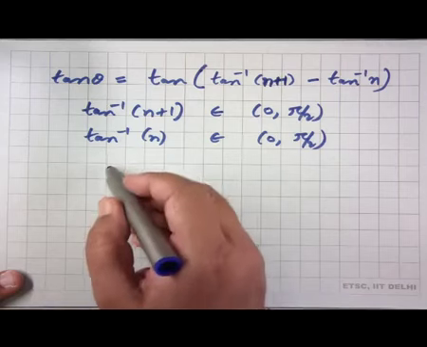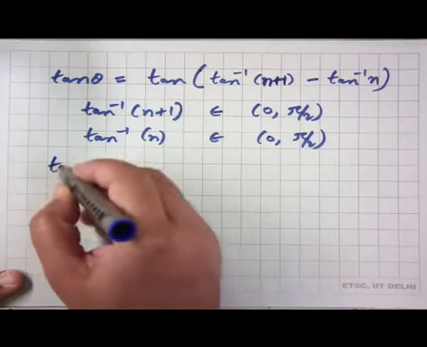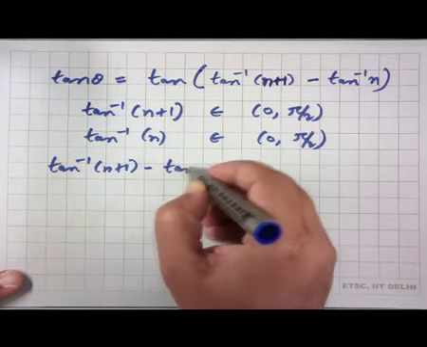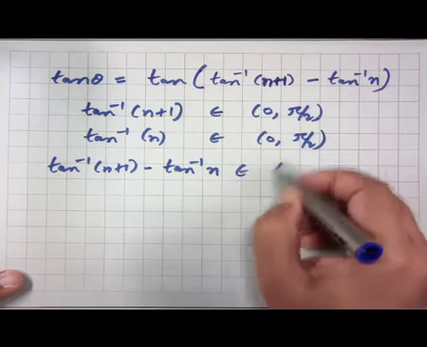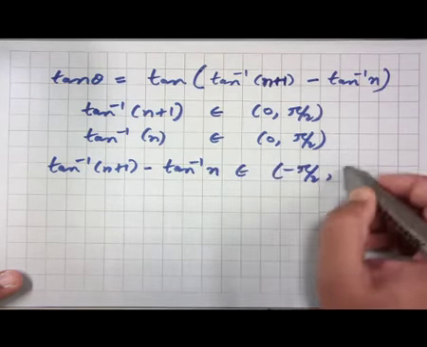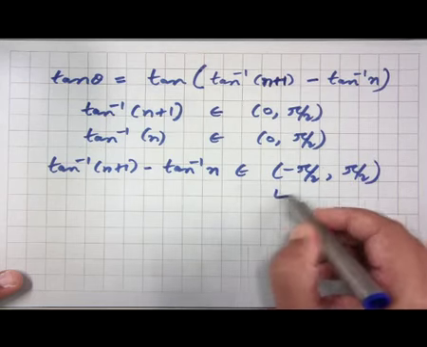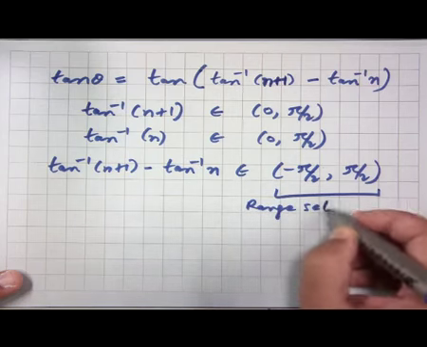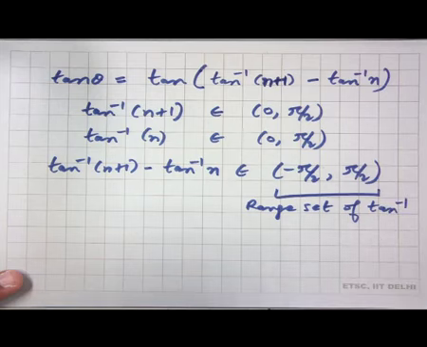Therefore, their difference, tan inverse of n plus 1 minus tan inverse of n, must belong to the interval minus pi by 2 to plus pi by 2. And remember that this is nothing but the range set of the tan inverse function.